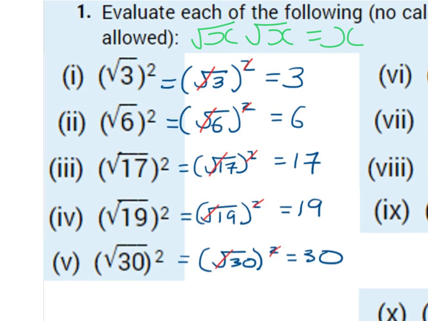And in the same way, the square root of 17 to be squared, the root and the squared will cancel, leaving us with 17. The square root of 19 to be squared, the square root and the squared will cancel, leaving us with 19. And the square root of 30 to be squared, the square root and the squared will cancel, leaving us with 30.